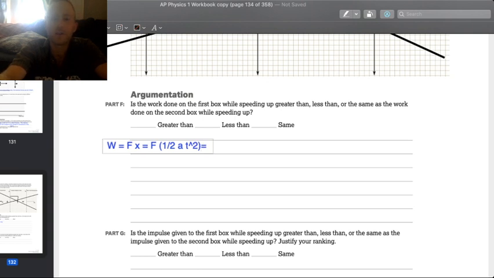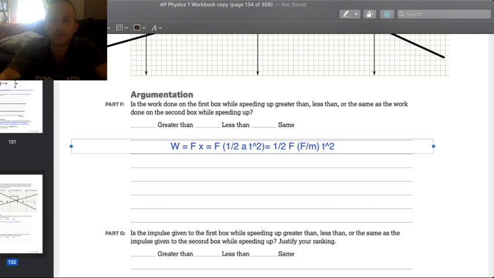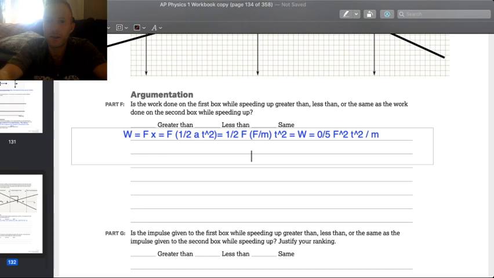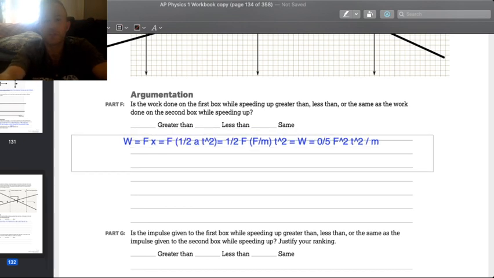So I have 1/2 times F times F over m times t squared. All right. So that means that the work done is equal to 1/2 F squared t squared over m. All right, so now let's compare the work done by the left system.